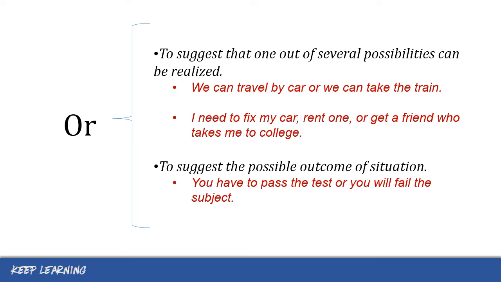Or you have to be quiet, or I will call the police. As you can see, I'm talking about a possible result that you don't like. It's a negative result, so you can use it that way too. In a way, we're talking about options. I am giving you options, okay? So you better pass the test if you don't want to fail the subject, right? That's your option. That's up to you.